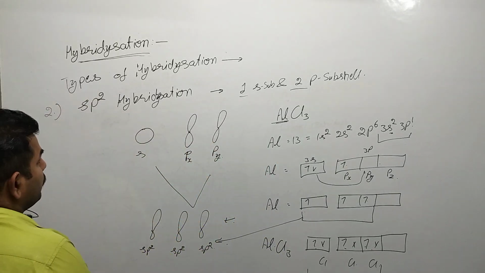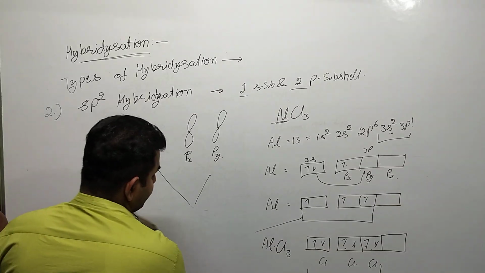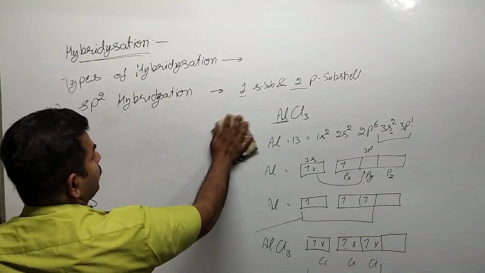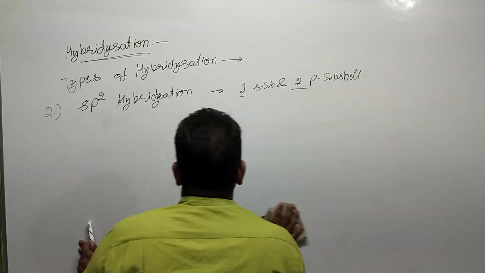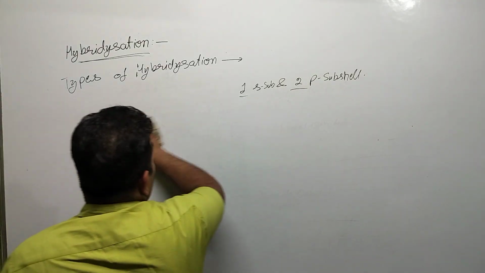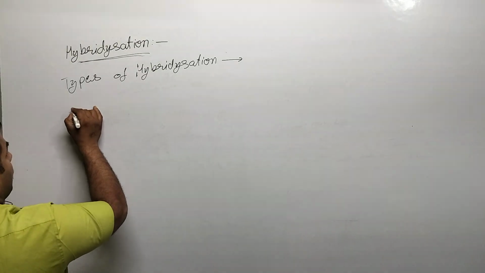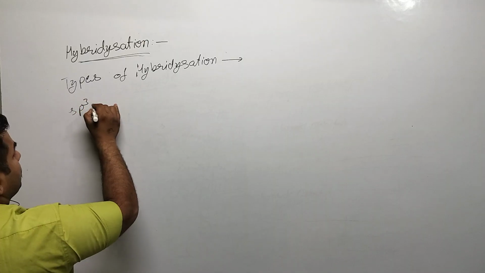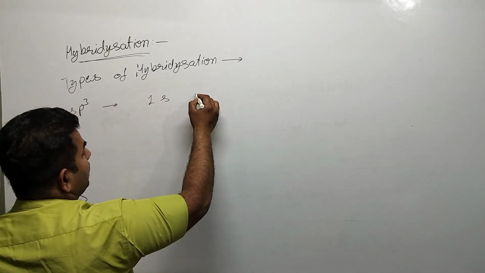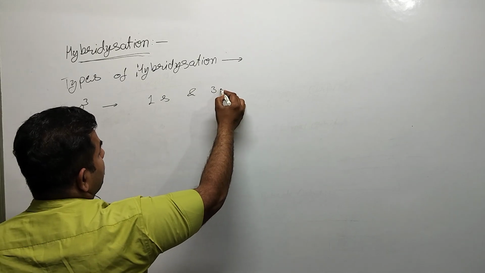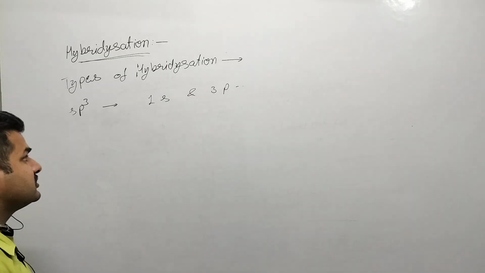Then next we talk about the third type of hybridization, sp3. That means one s and three p orbitals participate in hybridization.